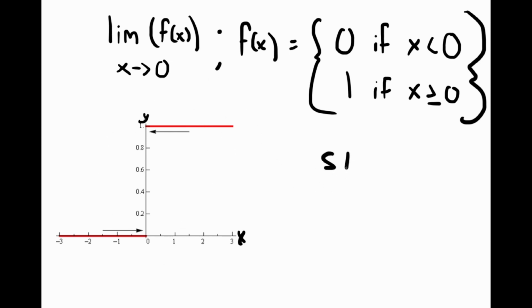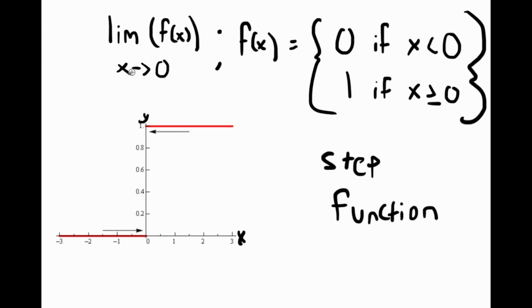So since this is a step function, we can't specifically say where it approaches as x approaches 0. So we would just say that there is no limit for this.